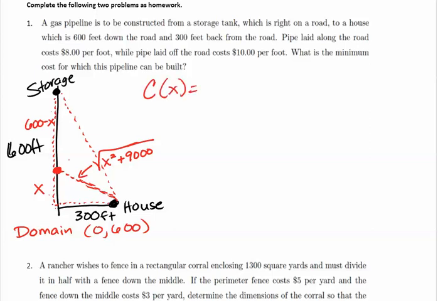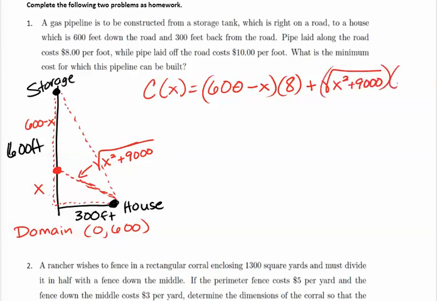All right, so let's see what we've got here for our cost function. We are going to have 600 minus x feet of pipeline along the road, and that pipeline has a cost of $8 per foot. And then we're going to have our hypotenuse, the square root of x squared plus 90,000 feet off the road, and that costs $10.